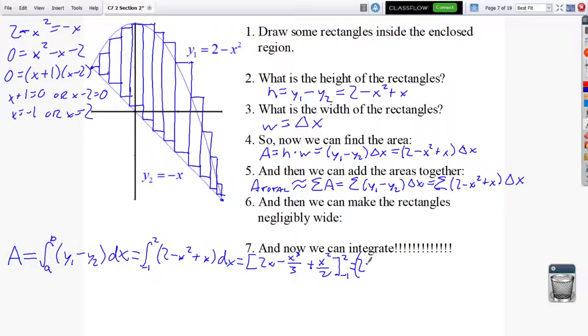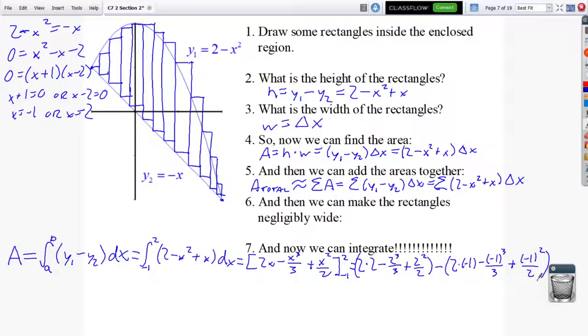That would be 2 times 2 minus 2 cubed over 3 plus 2 squared over 2, minus, evaluate at the lower, so lower is -1, so 2 times -1 minus -1 cubed over 3 plus -1 squared over 2.